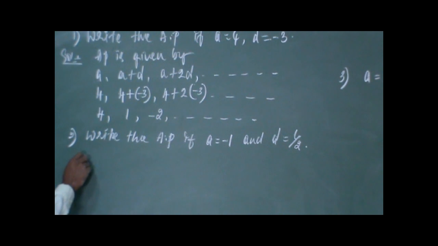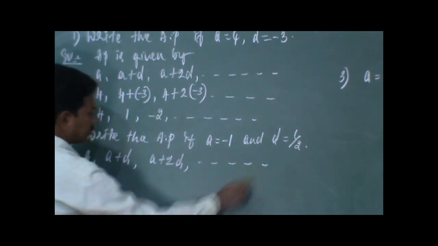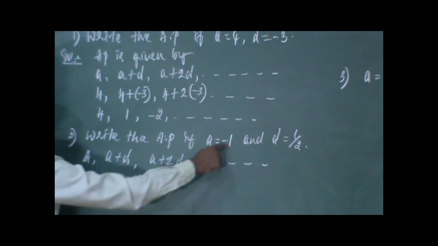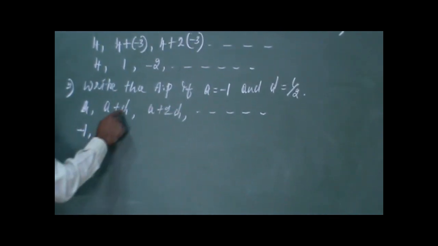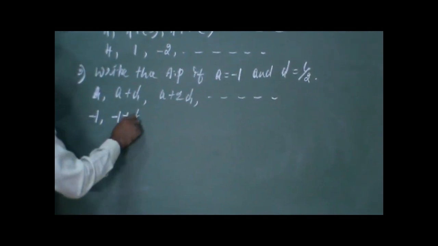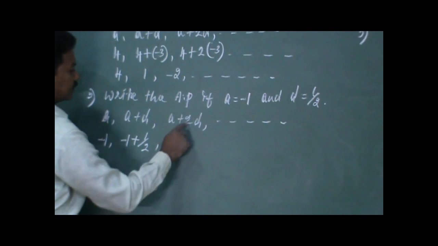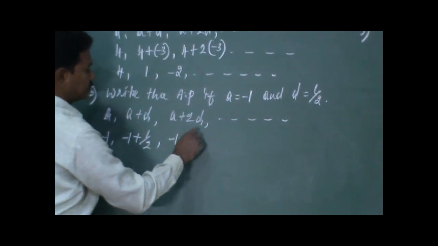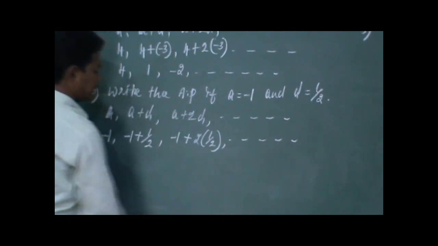So the general form of AP is A, A plus D, A plus 2D, and so on. A is minus 1, let us substitute that: minus 1 plus D, which is 1 by 2, comma, A is again minus 1 plus 2 into D, that is 2 into 1 by 2, comma, and so on.